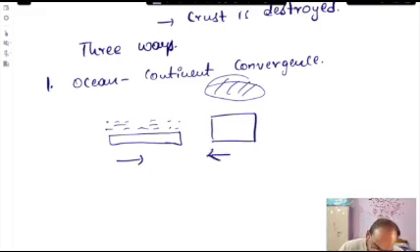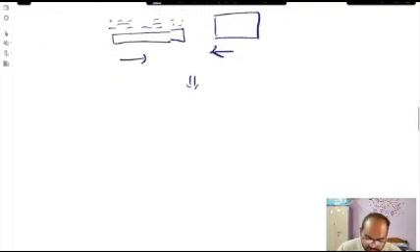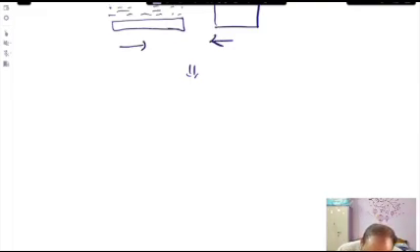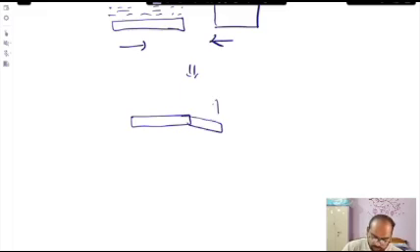What happens after this? They move towards each other, and as they come closer, the denser part, that is the oceanic plate, subsides down and gets destroyed in the magma.